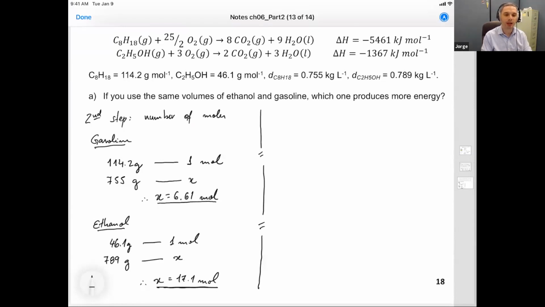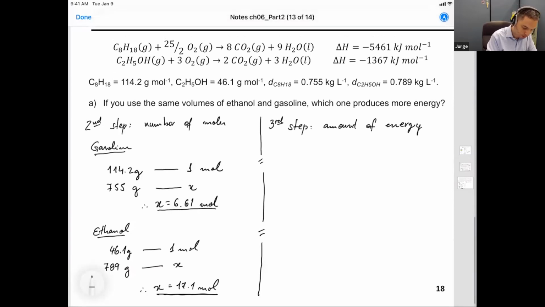Now that we have the number of moles for each fuel, we can use the equation to get the amount of energy produced by each one. And that's going to be our third and final step to find the amount of energy. From the reaction, 1 mole of octane produces 5,461 kilojoules.